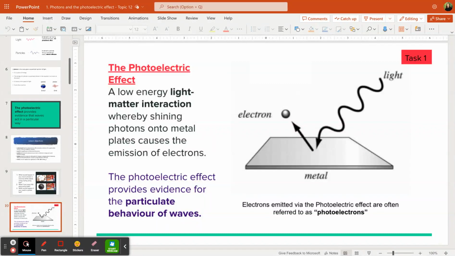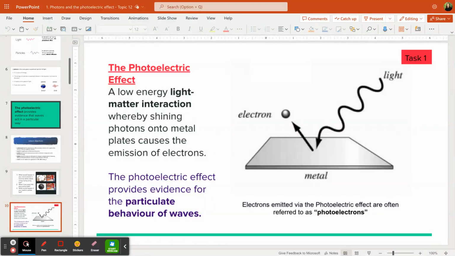So electrons that were part of the metal atoms suddenly just leave because light has been shone on the metal surface. It's just something we've observed. So it is a low energy light-matter interaction. We've got light interacting with a piece of matter, a metal, and shining photons onto the metal plate causes emission of electrons.